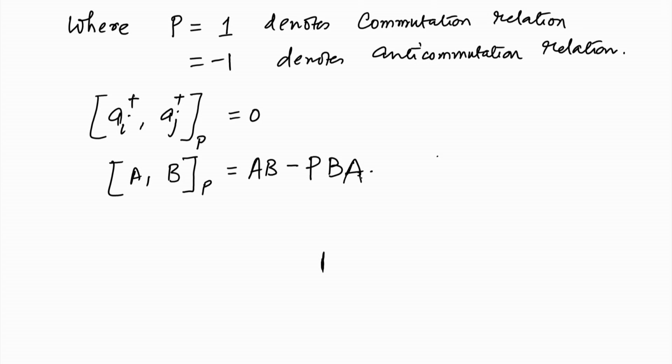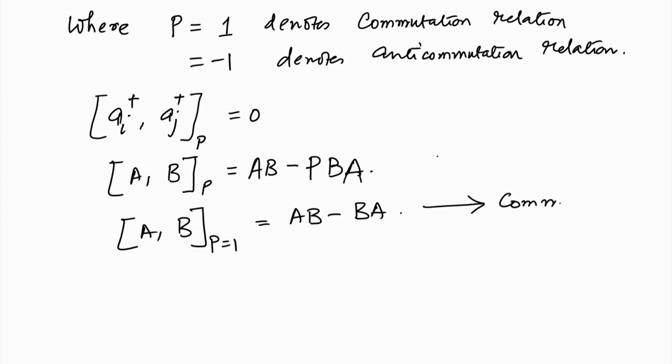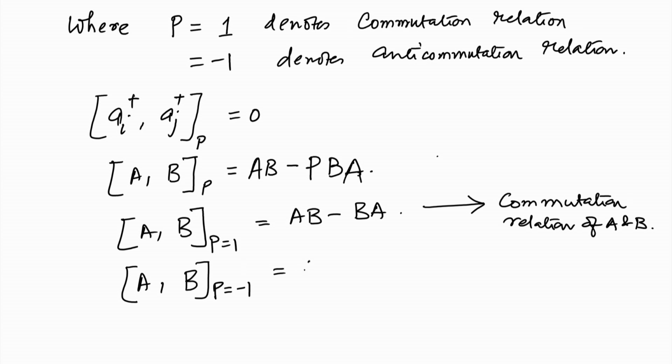So, for commutators, this relation is p equal to 1, which is equal to a b minus b a, and for anti-commutation p equal to minus 1. So, this is the commutation relation of a and b, and this is the anti-commutation relation for a and b.